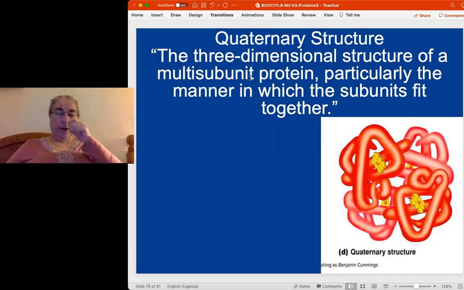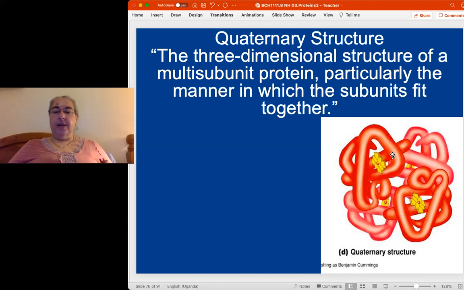So we'll be going on to learn a lot about hemoglobin, for instance. This is a representation of hemoglobin, and hemoglobin has 4 subunits, 2 alpha and 2 beta subunits, which come together and work together to make the whole molecule work correctly.